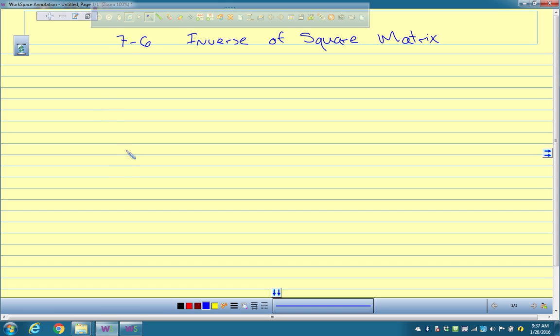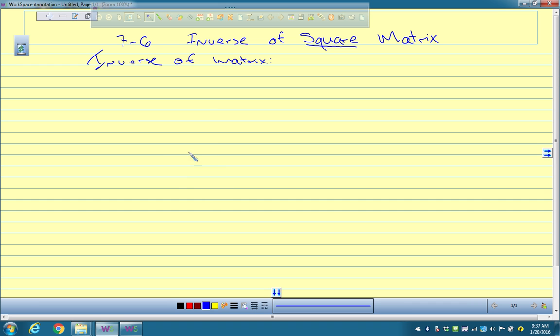Okay, so the inverse of a matrix. Here's what they say. Let A be. So in order for a matrix to have an inverse, it has to be a square matrix. First of all, you got to know that.